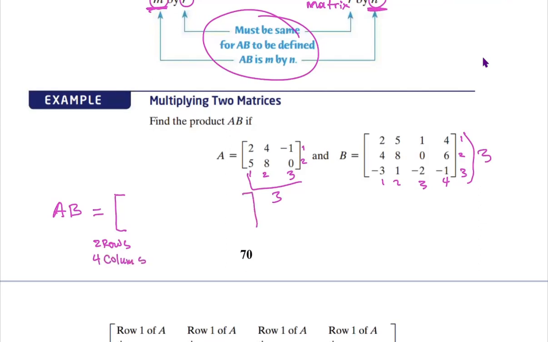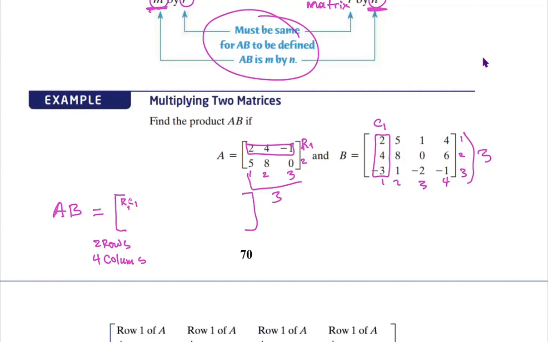So 4 columns. Now, how do we get them? We're going to multiply the row vectors and column vectors. Now we can see how we will multiply these two vectors. That's row 1 and column 1, and it'll create row 1, column 1 in the new matrix.